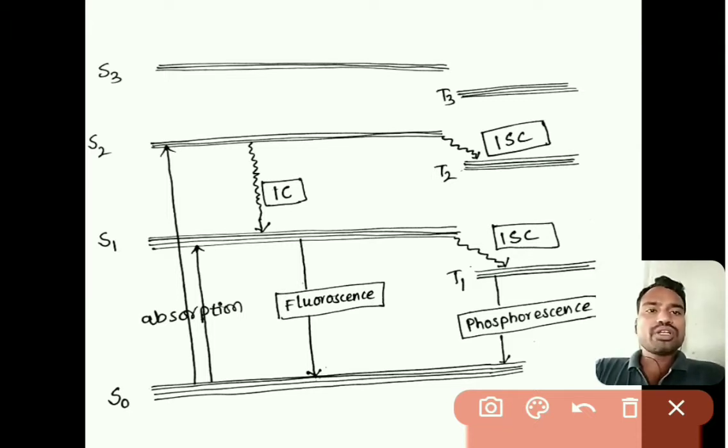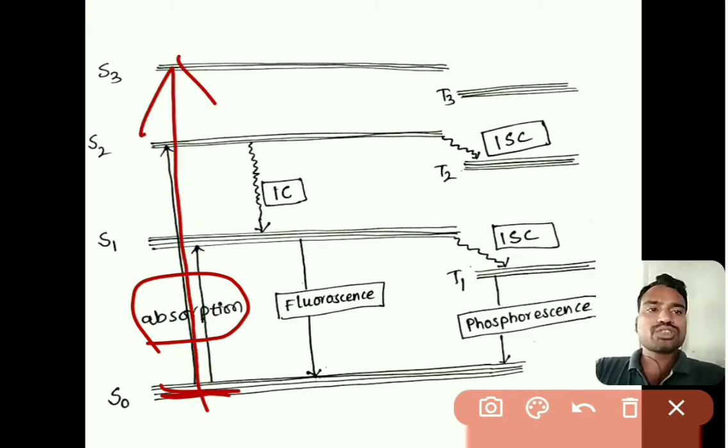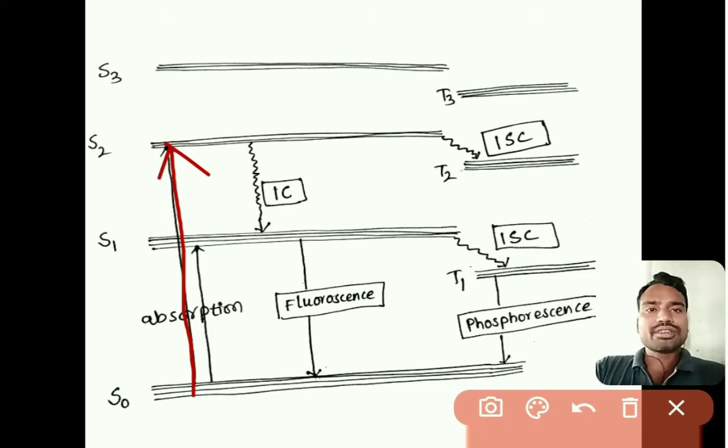The molecule absorbs energy in the singlet ground state, and it will be excited to a singlet excited state, that may be S1, S2, S3, based on the energy available for it. In this example we are considering that the molecule absorbs the energy and goes to the S2 state.